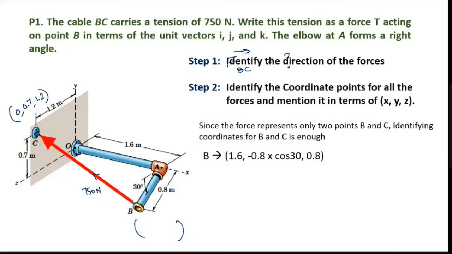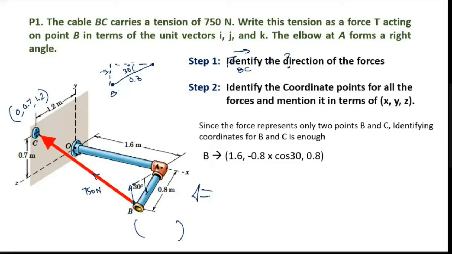Your x is the same, 1.6. You have an angle here, which means I have to know what this distance is. If I look towards the right hand side, this is my axis and this is my D point. This angle is 30 degree, and this is 0.8.